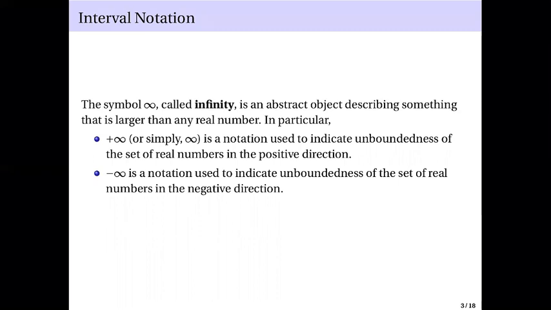So these two are just symbols, abstract objects. But I want to emphasize that these two are not real numbers. They are not numbers. They just represent something that is very, very large.